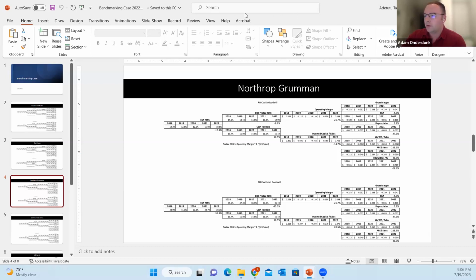But overall, it appears that the cash tax rate was a large contributor to the negative ROIC for Northrop Grumman. But things that helped them was depreciation. I think that helped them significantly dampen that.